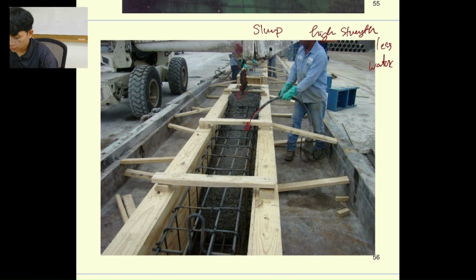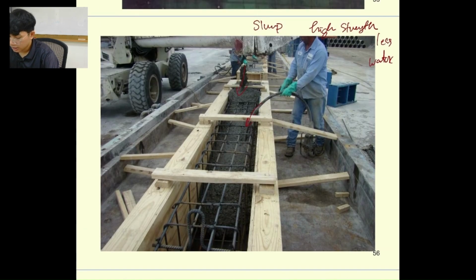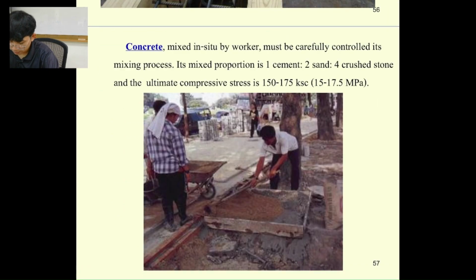So what you need to do is use vibrators to vibrate the sample. And in the lab, I told you to use the rubber hammers to shake the side, in order to let the concrete flow to the edge of the mold. This is the same purpose.